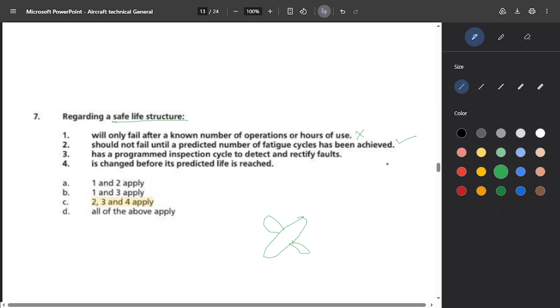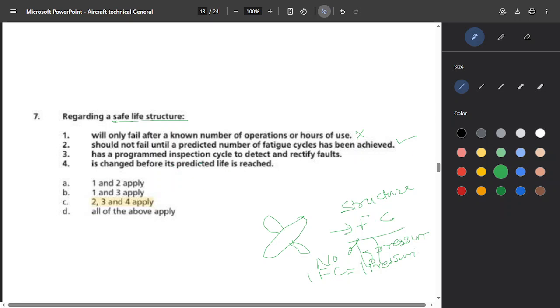True, because in the AFM we provide the structure limitations restricted with flight cycles, that is for larger aircraft, number of pressurization cycles. One flight cycle equals one pressurization cycle. So option 2 is right.